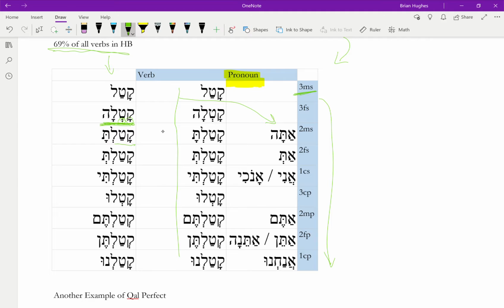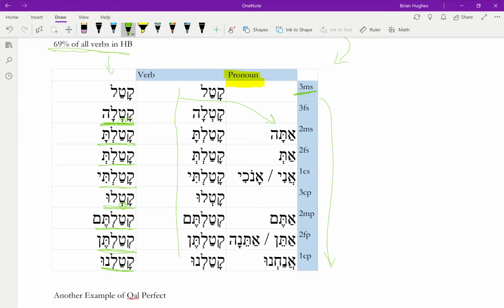This is katalta. This is katalt. This is katalti. This is katalu, and we have vocal shava. Kataltem. Katalten. And katalnu.